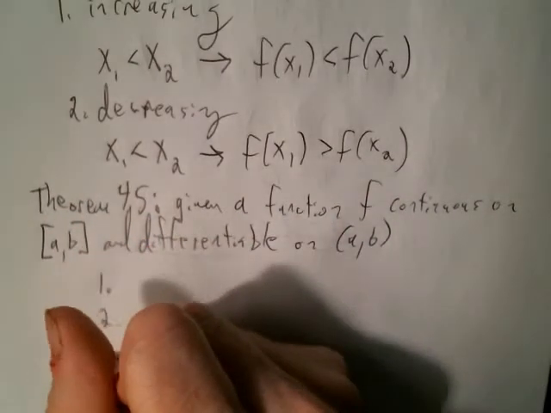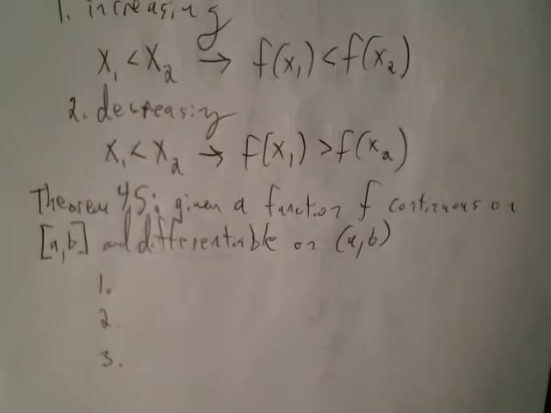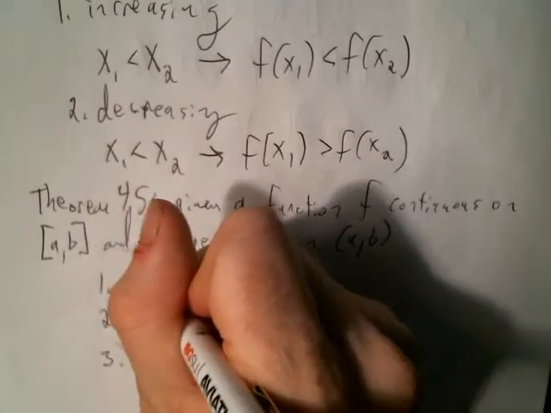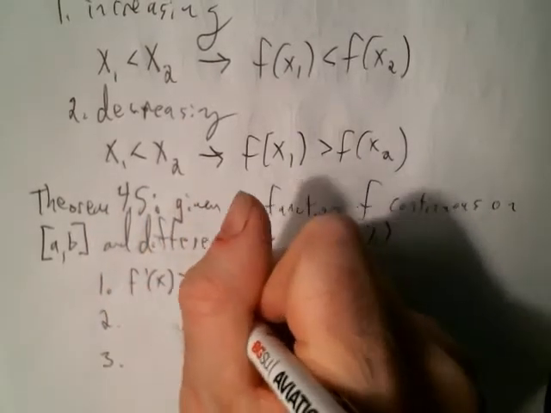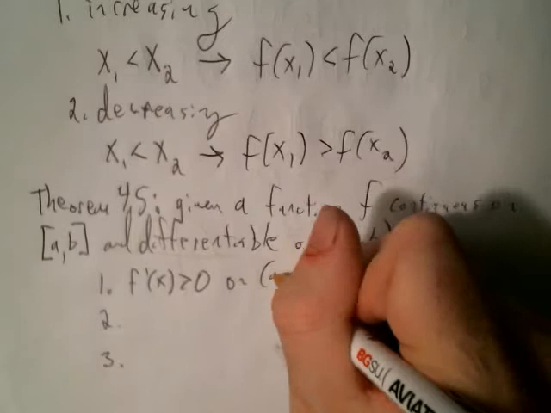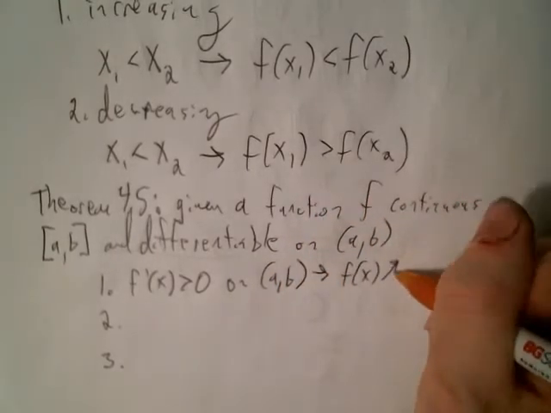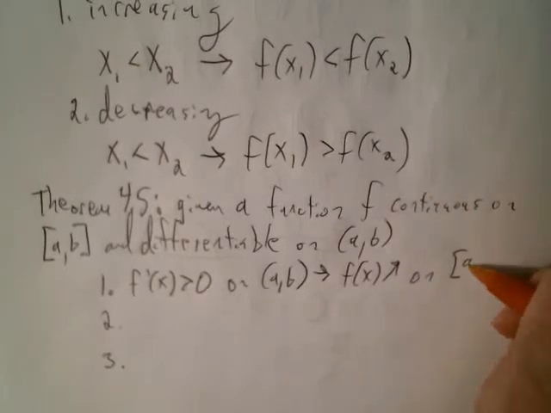Okay, we could look at the derivative and tell if the function is increasing or decreasing. So first off, if f prime of x is greater than 0 on an interval from a to b, that implies f of x is increasing on this closed interval from a to b.